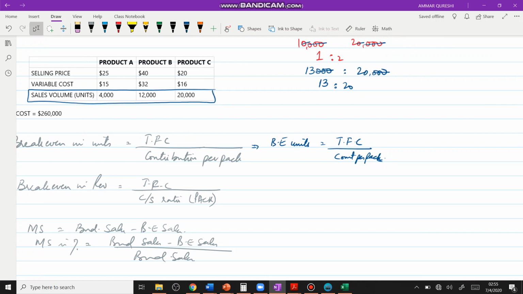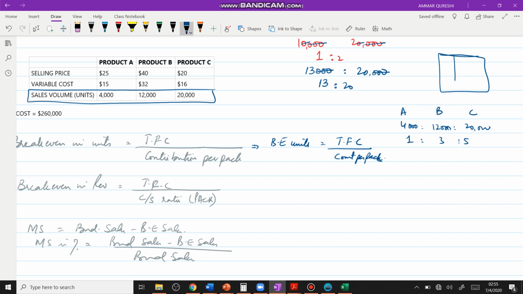What we are assuming is that products A, B, and C will be in the ratio of 4,000, 12,000, and 20,000. We can simplify this to 1 is to 3 is to 5, right? Now, what do you mean by this? This ratio means that this is the packet. This is one pack, right?